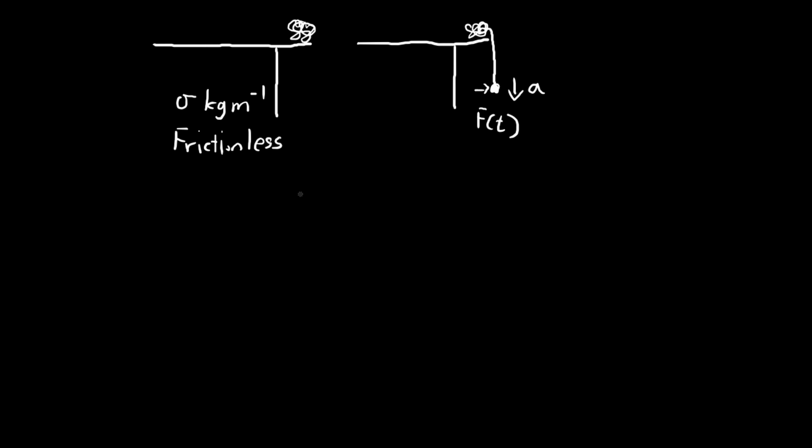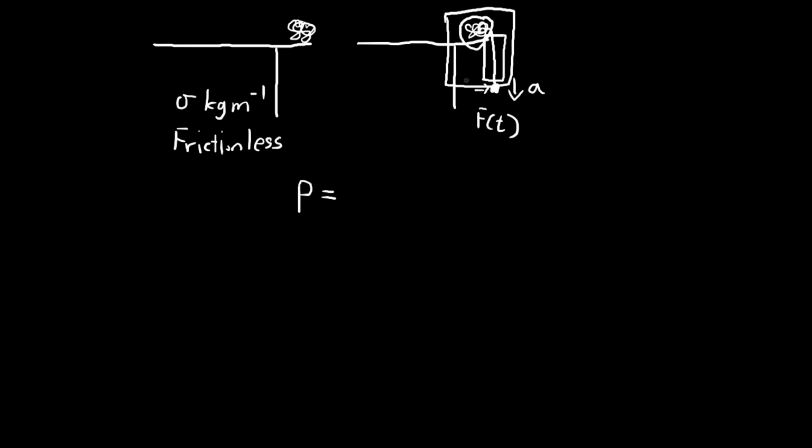So first of all, let's find the momentum of the entire system as a function of time. If you see here, the momentum of the entire system comes from two parts. First of all, it comes from the stationary part here, which of course has zero momentum, and it comes from the moving part here. So the momentum of the entire system is really just equal to the momentum of this moving part.